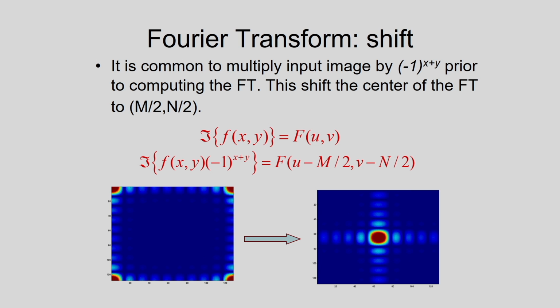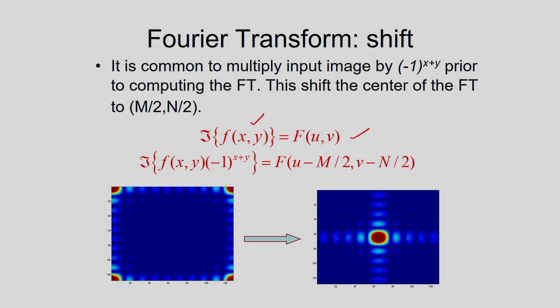For the pre-processing, what I have to do, if you can see here, the image is f(x,y), and corresponding to this the Fourier transform is F(u,v). The input image is multiplied by minus 1 to the power x plus y. What is the objective of this pre-processing step?